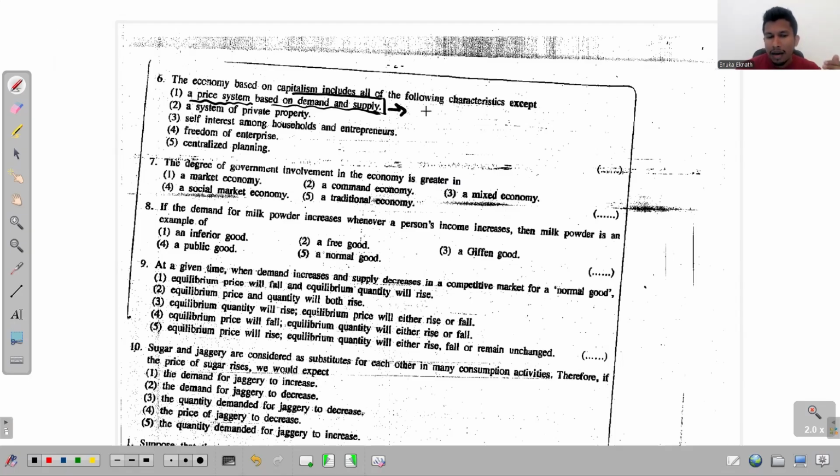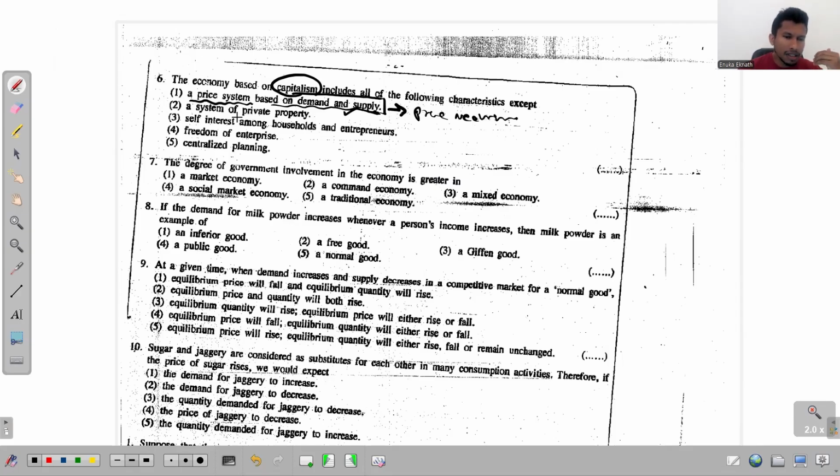And that system we recognize as the price mechanism. And price mechanism is one main quality we see in a capitalist market economic system. Right? It is one of the qualities. So this is not going to be the answer, because the question asks us to choose the one that is not.